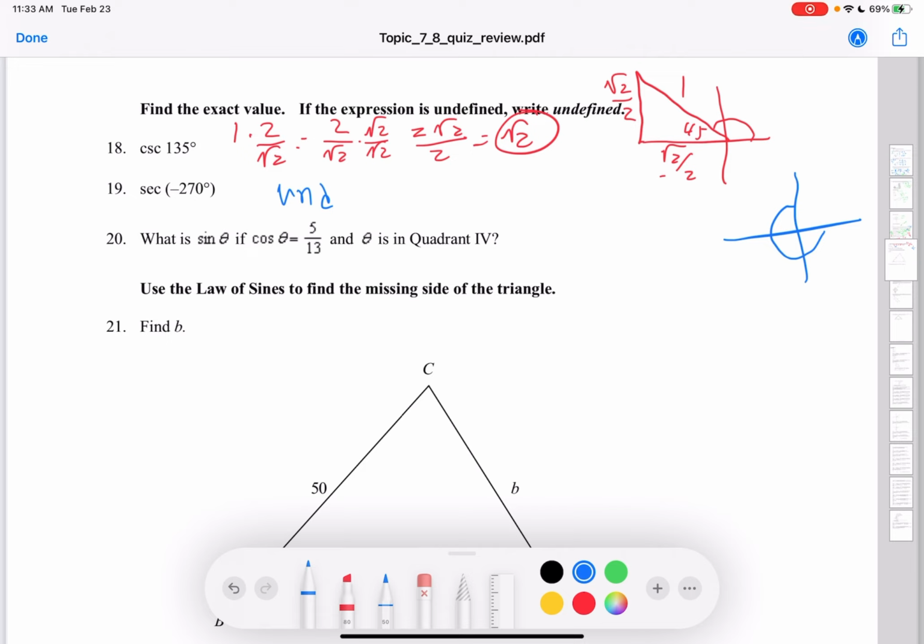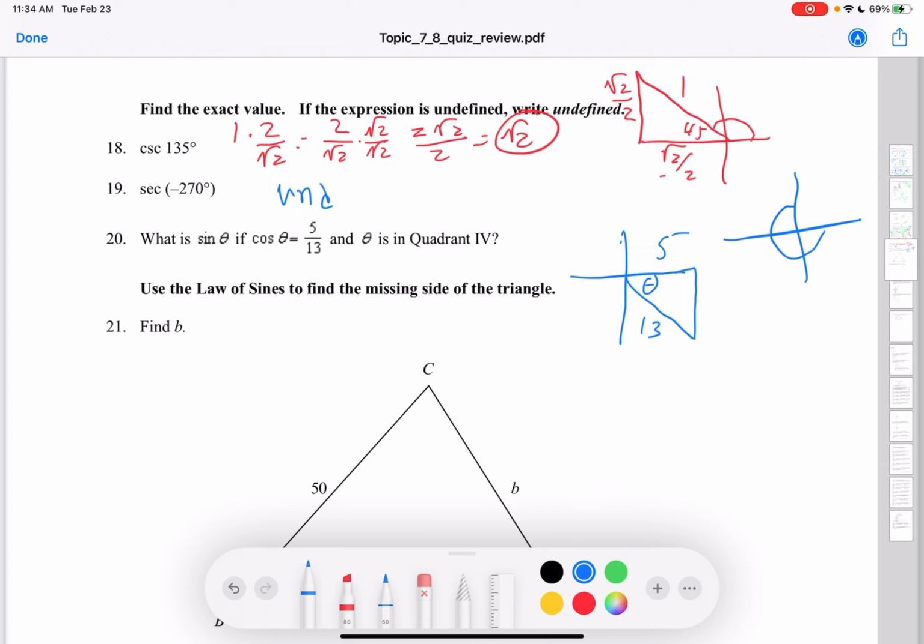What is the sine of theta if cosine of theta is 5 over 13 and it's in quadrant 4? So we've got to think about quadrant 4. Down here is quadrant 4. We've got this angle, and cosine is adjacent over hypotenuse.